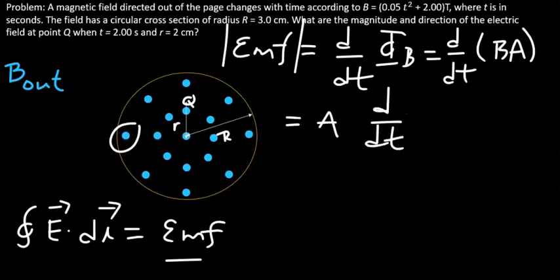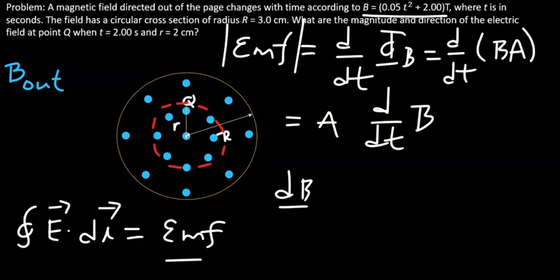d/dt of B. We are interested in the electric field at point Q, which is a distance 2 cm away from the center. So let's trace out a circle with a radius 2 centimeters like that. B is given by that expression, so dB/dt, or the derivative of B with respect to time, is quite simply 0.1t.